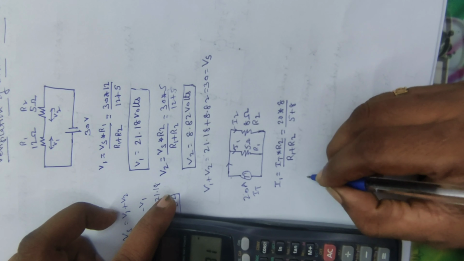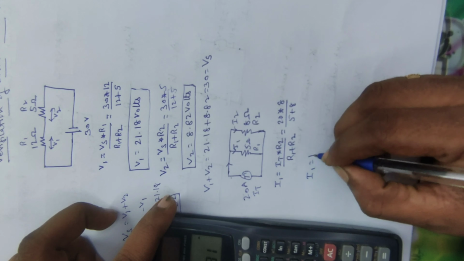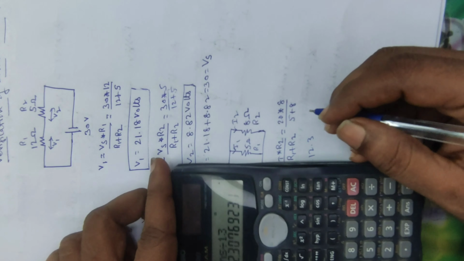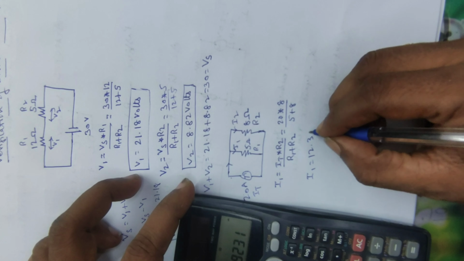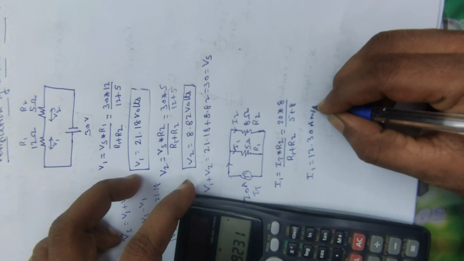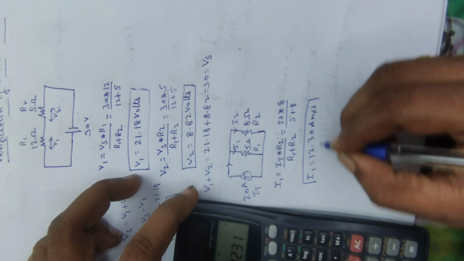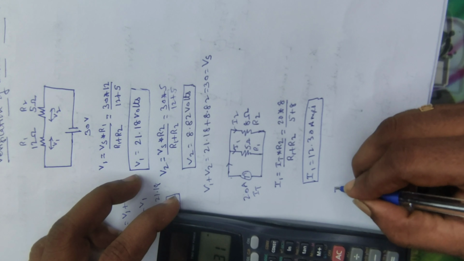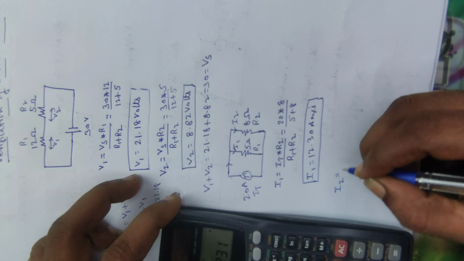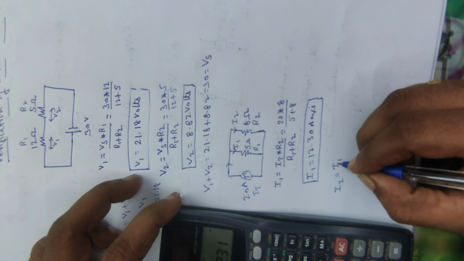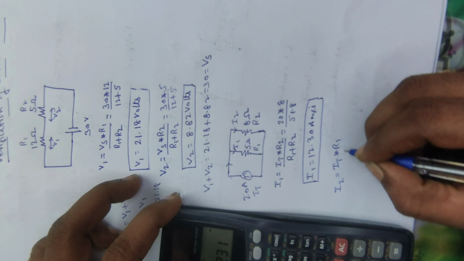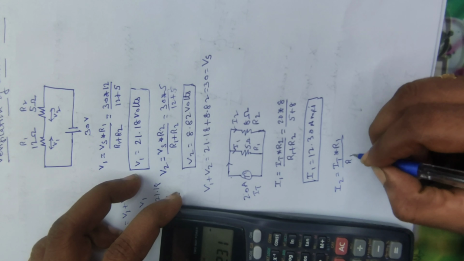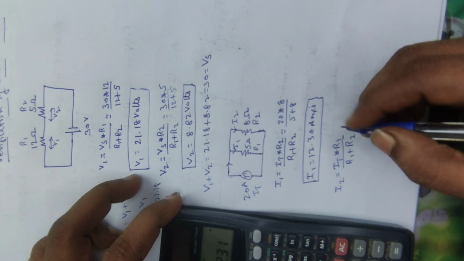So it gives my I1 value as 12.30 ampere. This is my first value, I1. Now I am going to get the I2 value. I2 is equal to I total times R1 divided by R1 plus R2 is the formula.